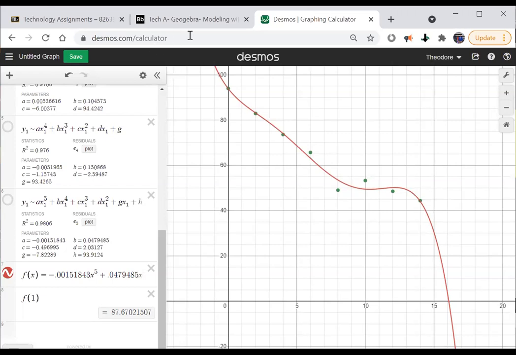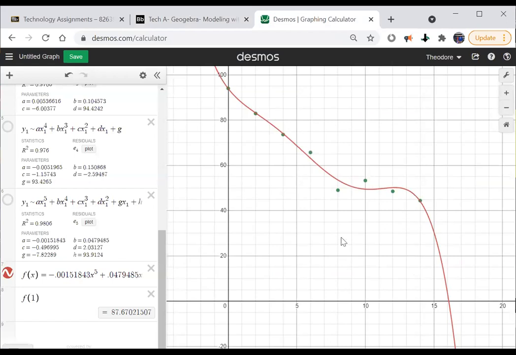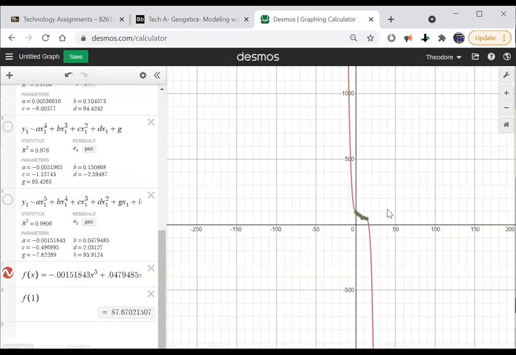All right. Now, it also asks us to find the time at which the temperature is at a minimum, and the time at which the temperature is at a maximum. So we're looking at this function. Now you could zoom in, zoom out.